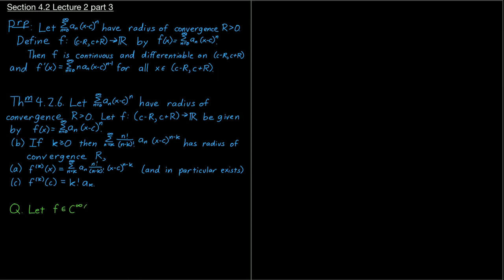Let's say you've got a function that's smooth. That means it has infinitely many continuous derivatives on some open interval. And all power series have infinitely many continuous derivatives, so this is certainly a necessary condition for having a power series.